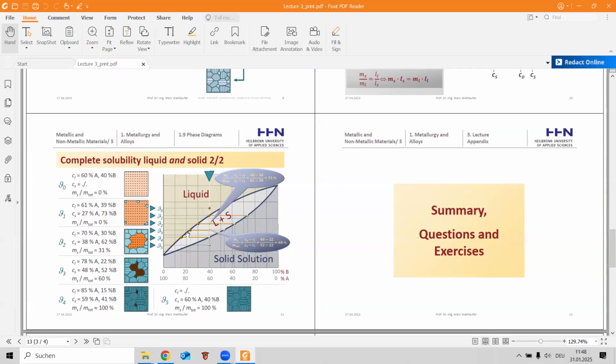Temperature 3. We have liquid concentration of around 78% A and component B with 22%.